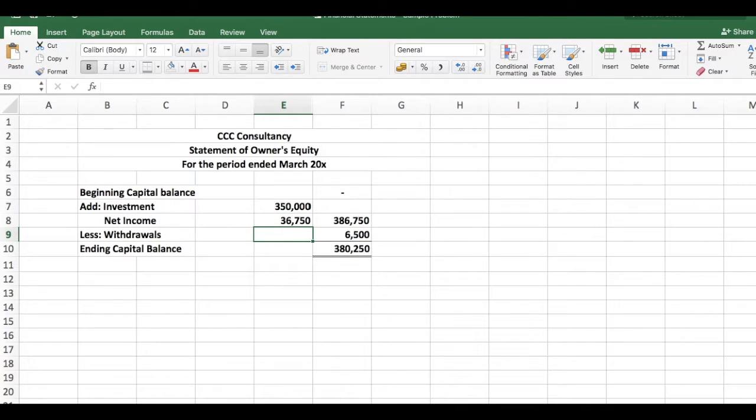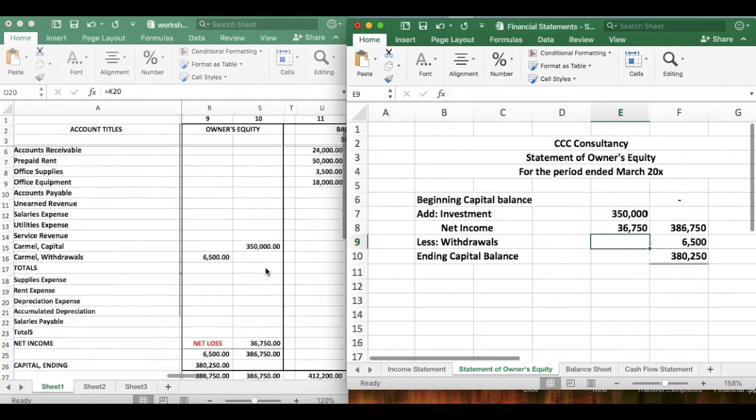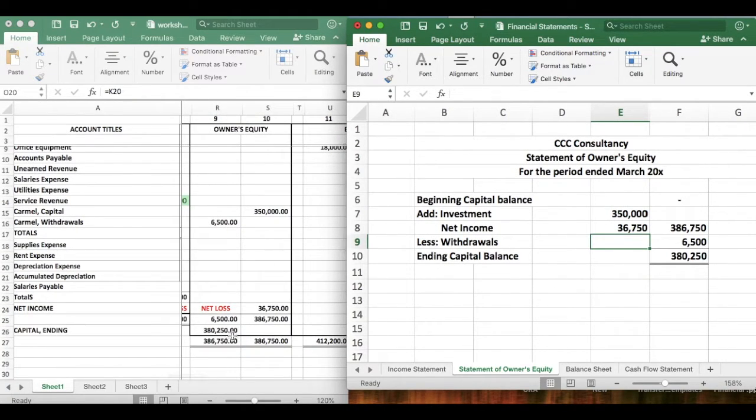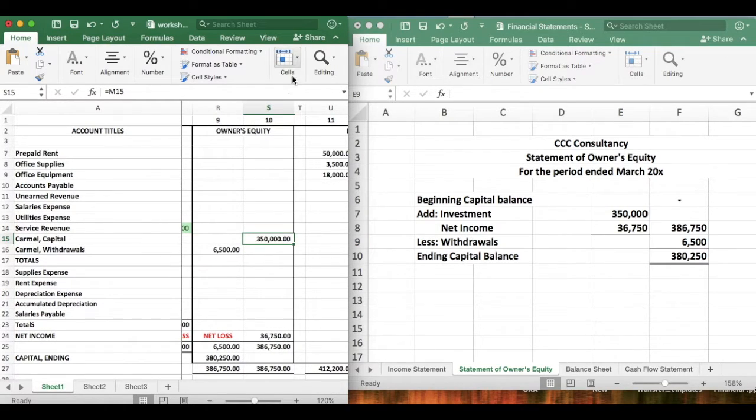Okay, so this would now be our statement of owner's equity. Okay, try to look at here. Yes, we have the same capital ending of 380,250. So we will highlight this. So if you have the real worksheet, you basically put a check mark just to indicate that you have already transferred that one.